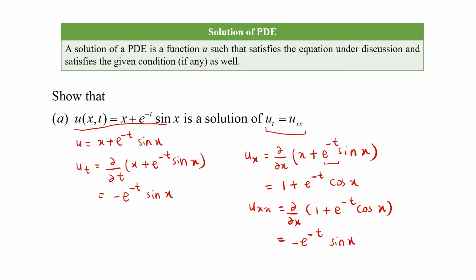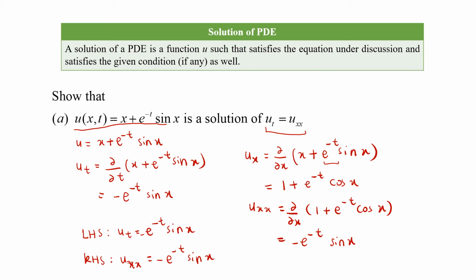Then we know that the left hand side, which is ut, is equal to negative e to the power of negative t sine x, and the right hand side, which is uxx, is equal to negative e to the power of negative t sine x.